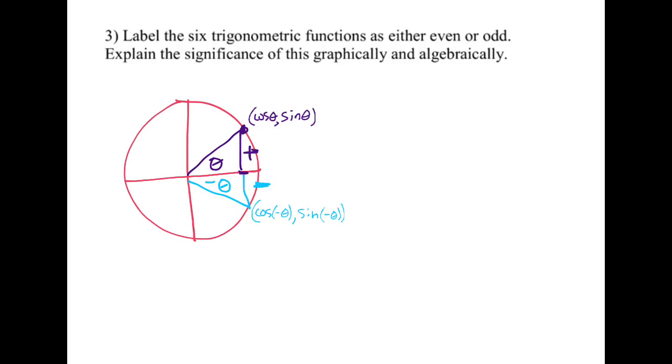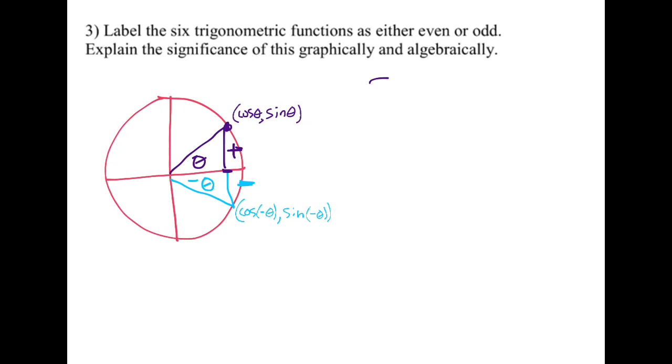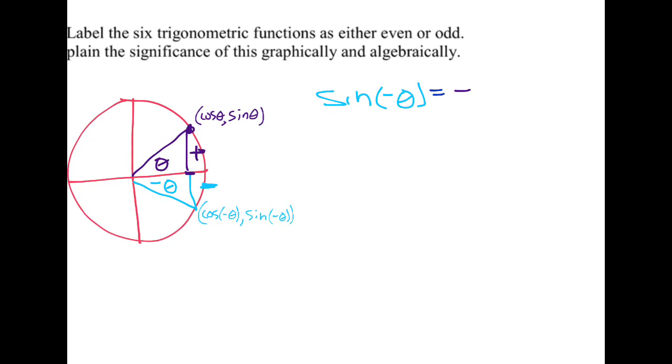So from that we can state the relationship that sine of negative theta is equal to the opposite of sine of theta. Sine of negative theta, so this value right there is the opposite of this value right there.